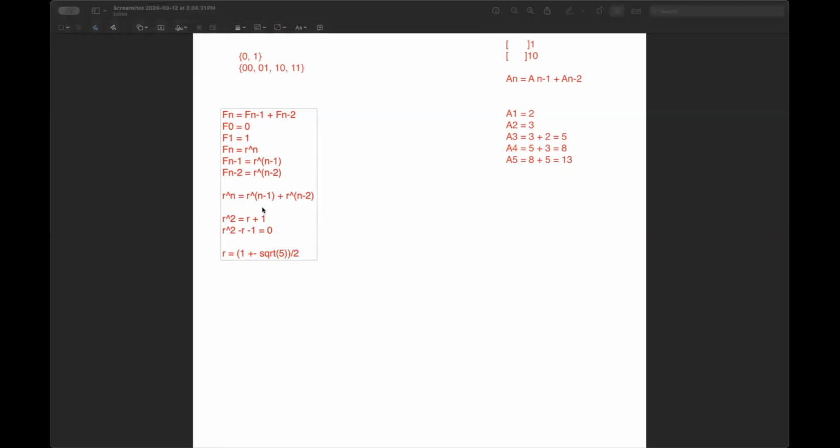I don't want to confuse you by using weird looking notation. So we have 1 plus or minus the square root of 5 over 2. And this is 2 roots because we have 1 plus the square root of 5 over 2 and 1 minus the square root of 5 over 2.